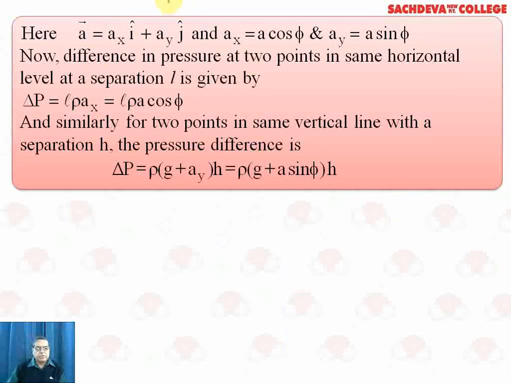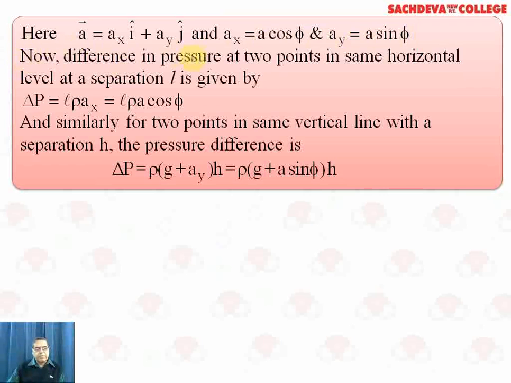Now we take into consideration the vector calculation. So a will be equal to ax into i, where i is the unit vector along the x-axis, plus ay into j, where j is the unit vector along the y-axis. So ax is a cos phi and ay is a sin phi.